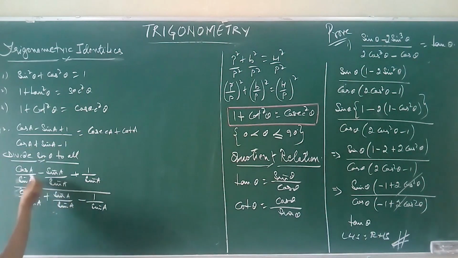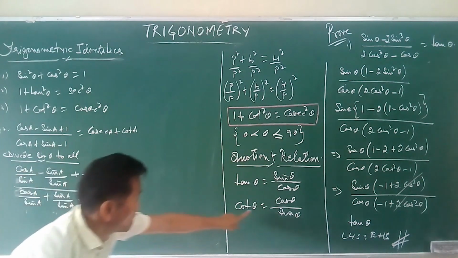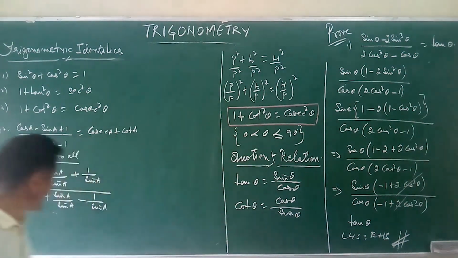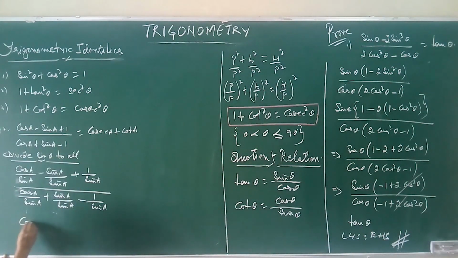Now, cos by sine is cot, isn't it? Cos by sine is cot theta, which means cot A. And the sine terms cancel, minus 1, and plus the inverse of sine, again an inverse relation.